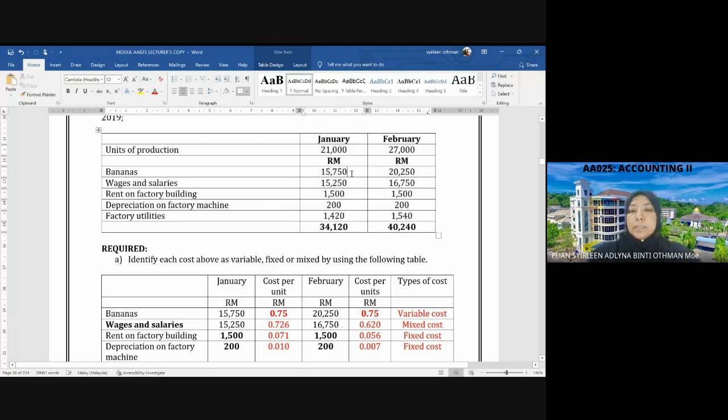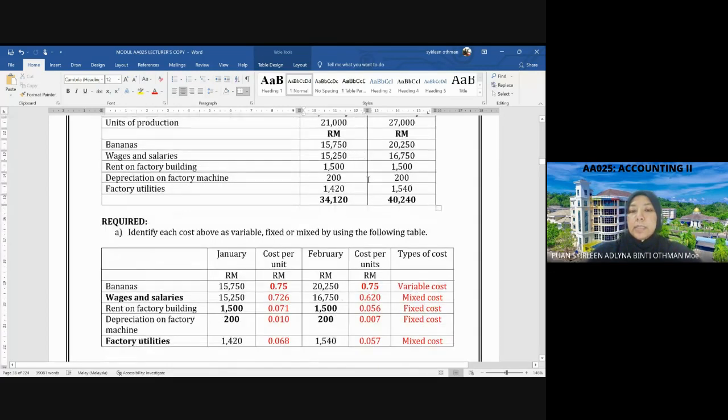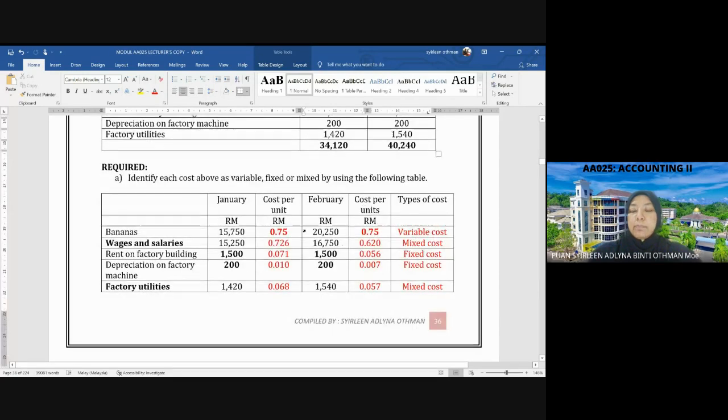Boleh je nak kira dekat sini, as long as kita terus dapat nilai dia kalau dia variable cost, so that saya boleh campurkan dengan jumlah cost berubah yang lain. Mixed cost pun sama. Bila saya dah segregate, I need to find the exact figure for my fixed cost and the exact figure for my variable cost per unit. Baru madam boleh bentuk cost equation.